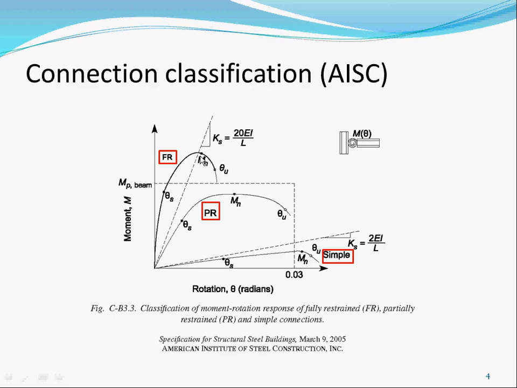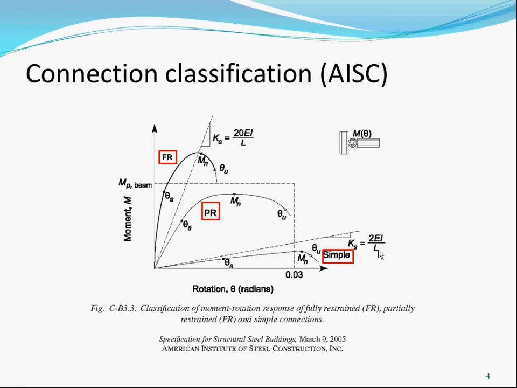Anywhere in between is what's called a PR connection. That's how they define it. EI is the stiffness of the column that you're looking at, and L is the height of the column. I'll do some calculations for our testing and see where we fall later.